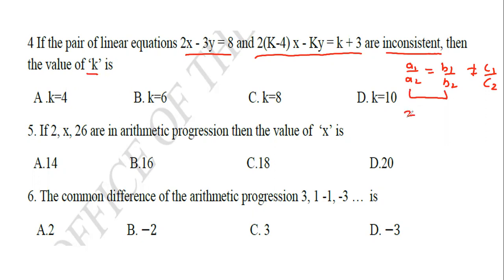a1 is 2, a2 is 2 into k minus 4, equals b1 is minus 3 divided by b2 is minus k. Minus minus gets cancelled.